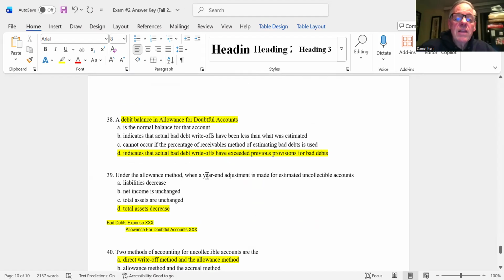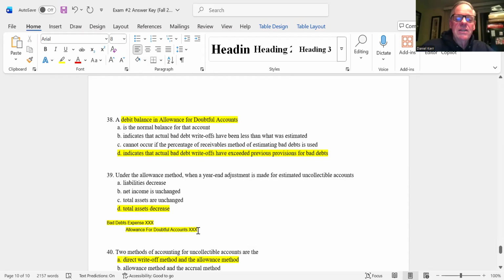39, under the allowance method, when a year-end adjustment is made for estimated uncollectible accounts. It's a good idea when they ask you a question like this to actually come up with the journal entry. If we want to adjust the allowance for doubtful accounts at the end of the year, we're going to debit bad debts expense and credit allowance for doubtful accounts. Bad debts expense is an expense account.